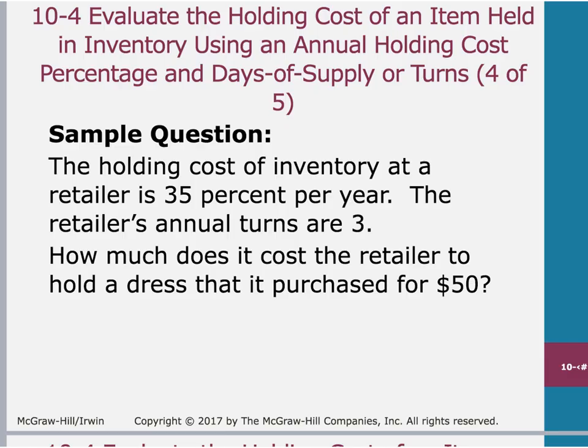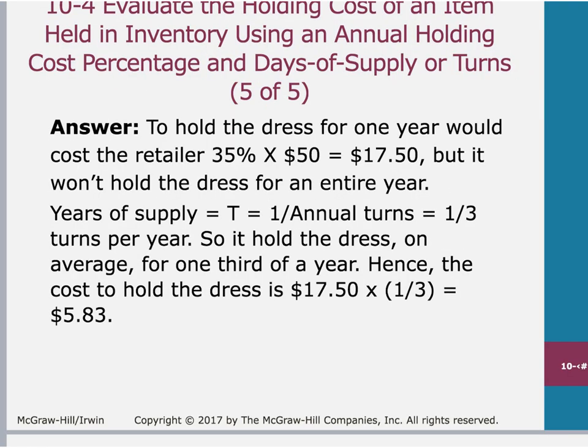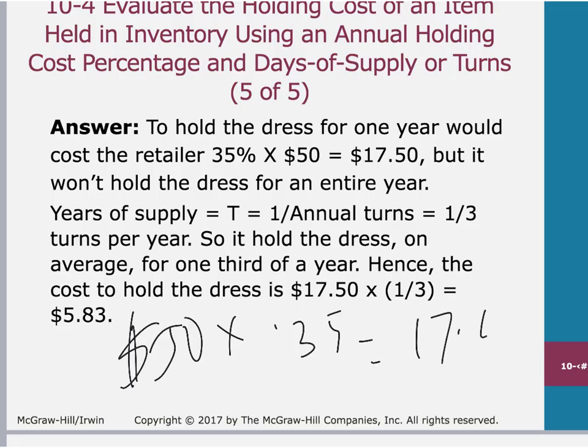So here's another example. The holding cost for the inventory at a retailer is 35% per year. The retailer's annual turns are three, and they purchase the dress for $50. So to calculate the holding cost, it's going to be the $50 that they purchased the dress for times 0.35, which gives me $17.50.